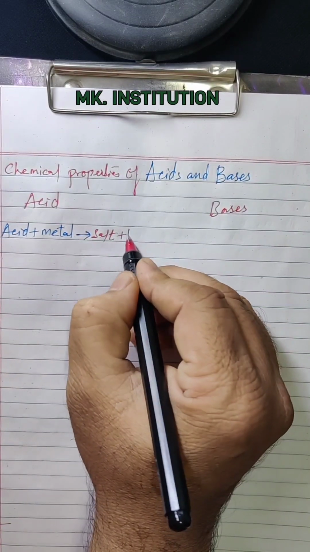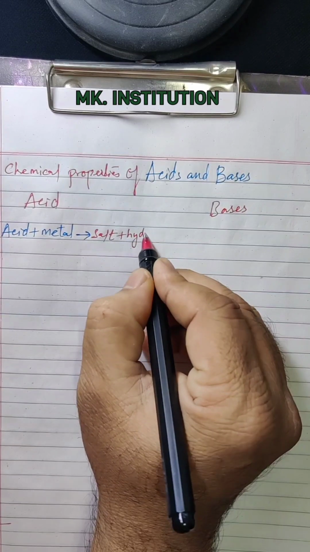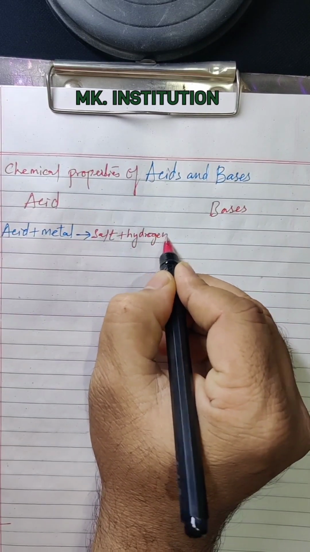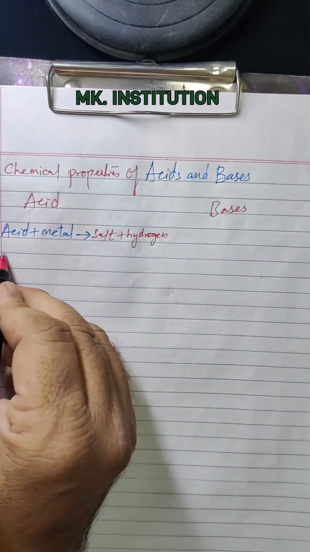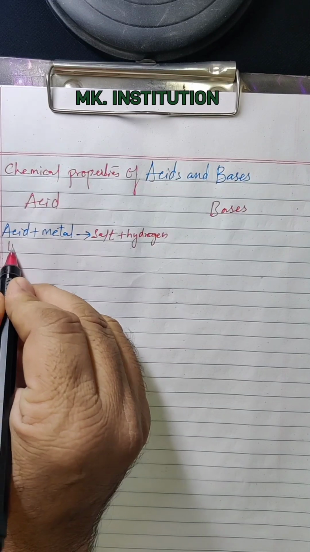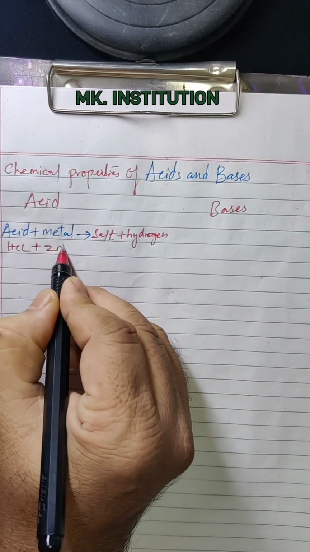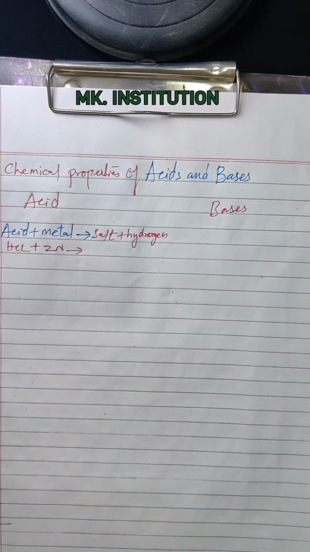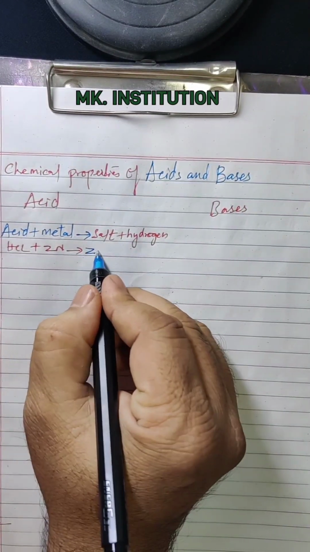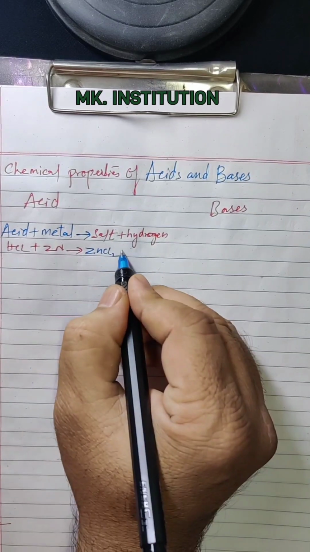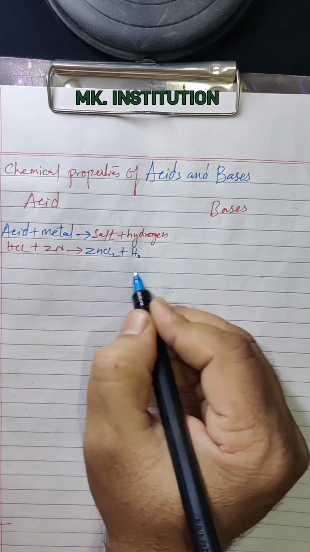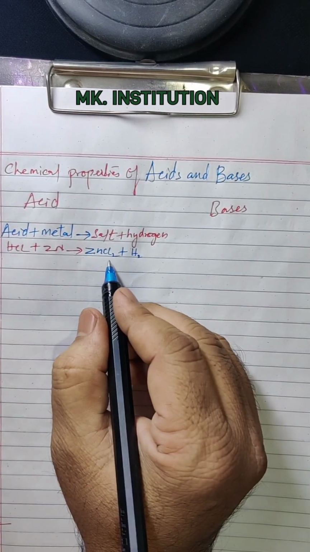Salt and hydrogen is produced. From the equation also you can write: acid reacts with Zn, produces zinc chloride, ZnCl2, plus hydrogen. Clear? These are produced.